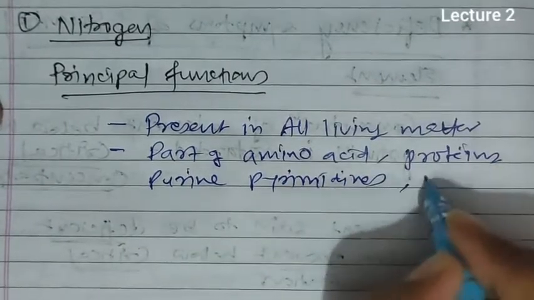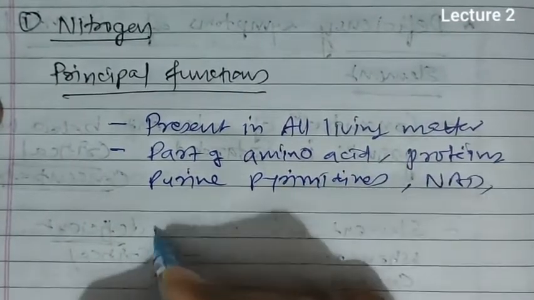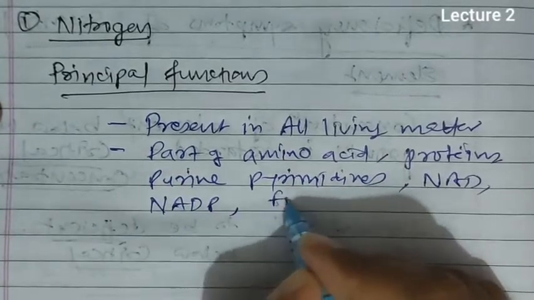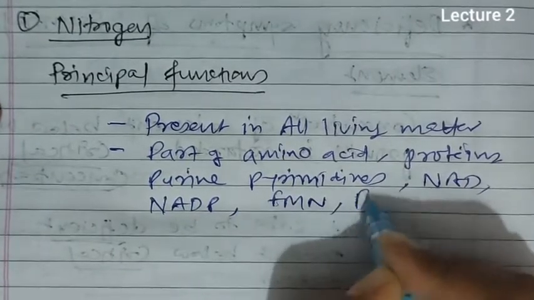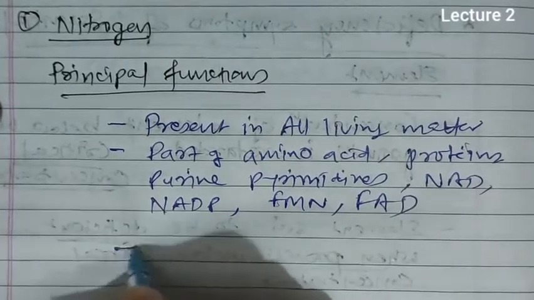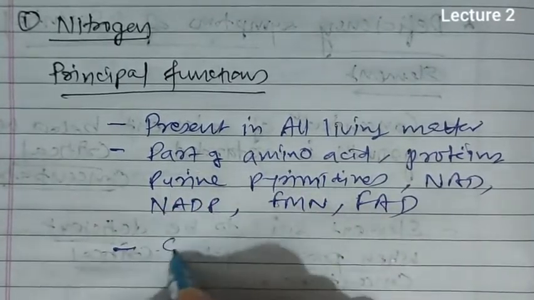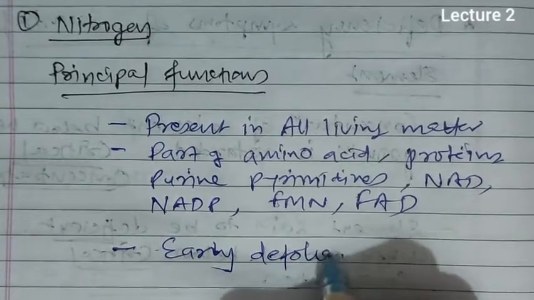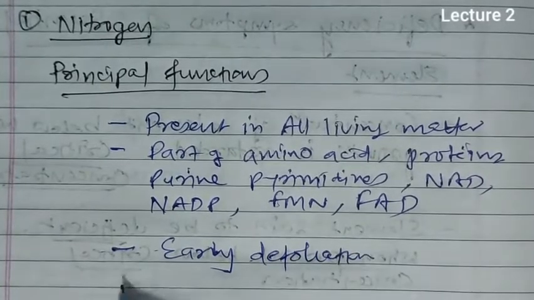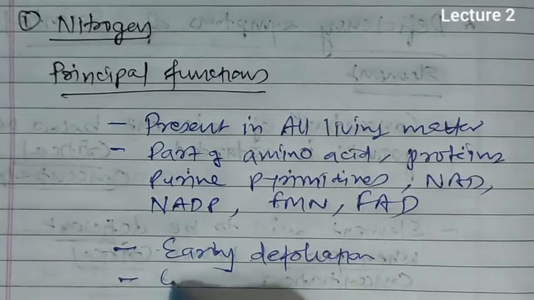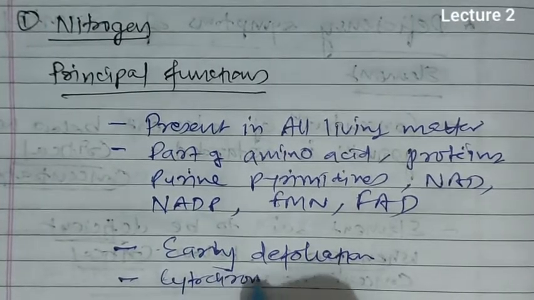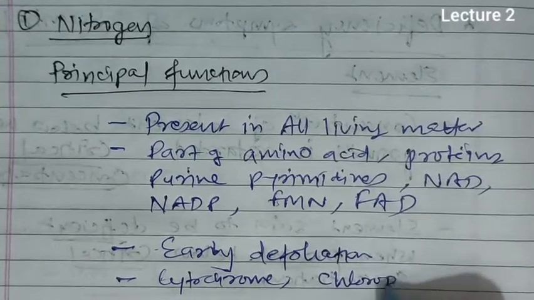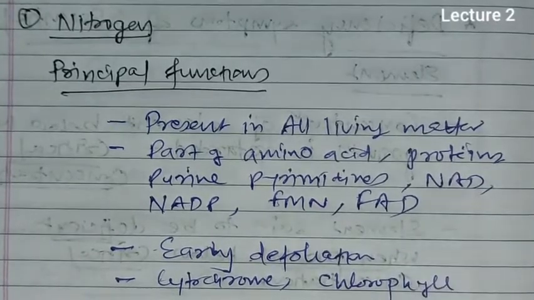It is also part of NAD, NADP, FMN and FAD, which are the cofactors. It is also found in cytochrome and chlorophyll.